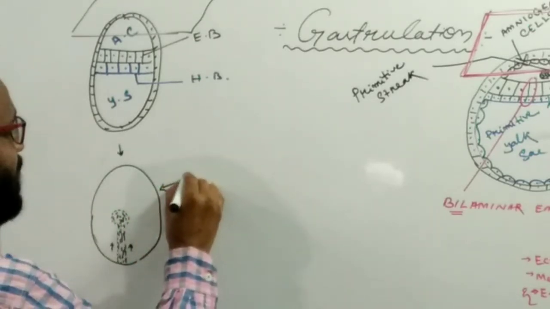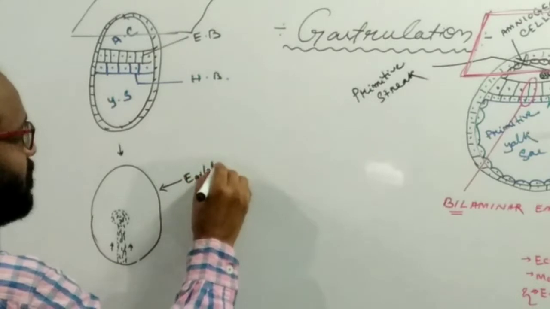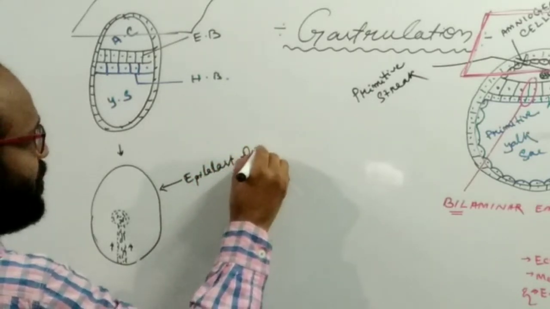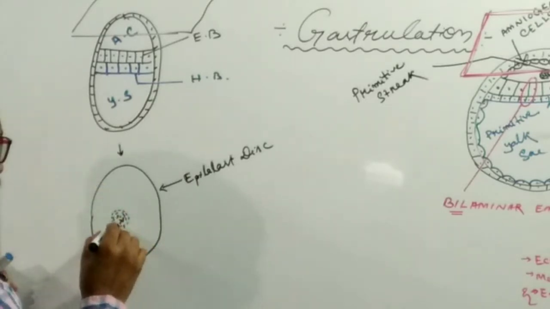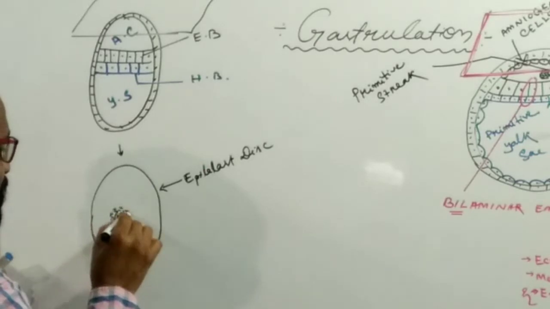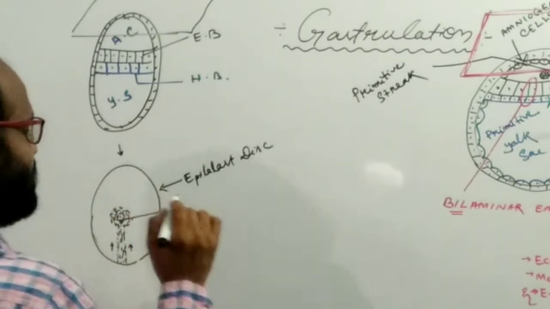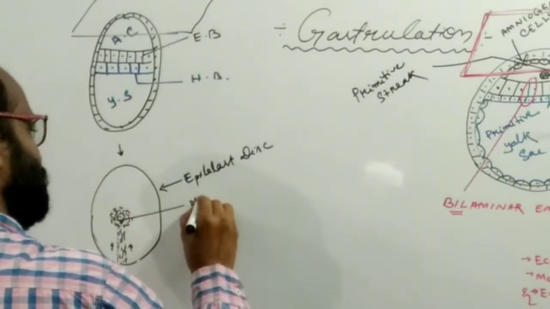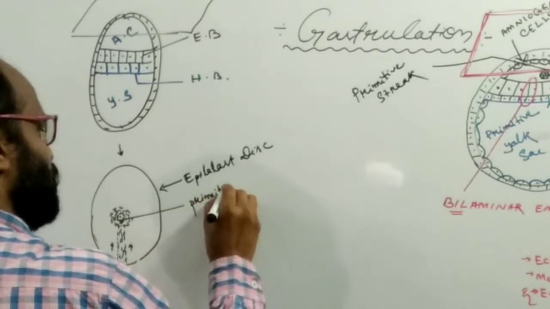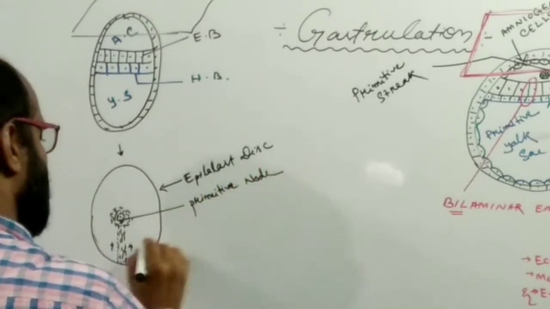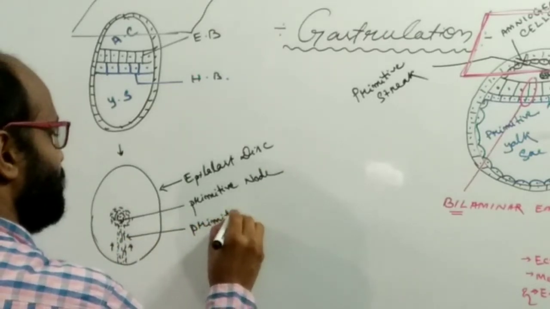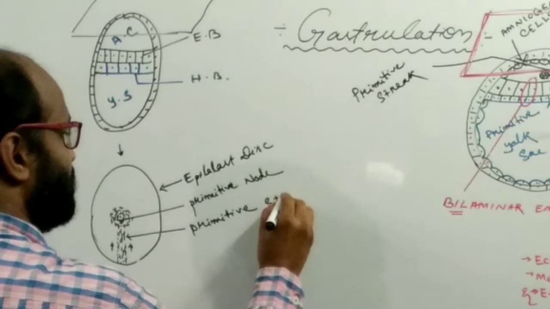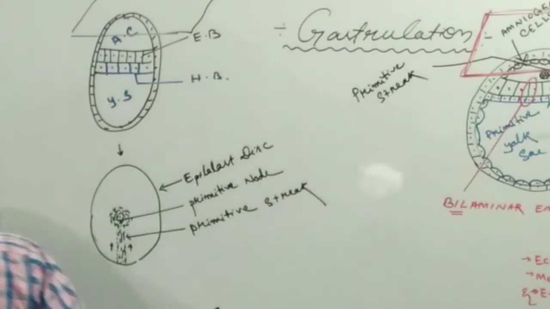This is the epiblast disc, which extends up to the middle and forms a node-like structure, the thickening node. This is known as the primitive node, and this ridge-like structure is known as the primitive streak.